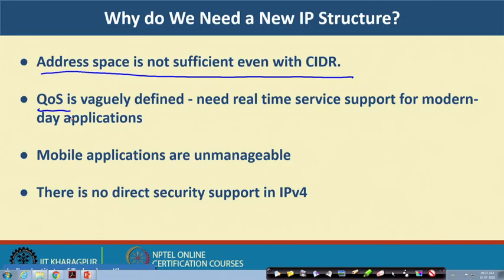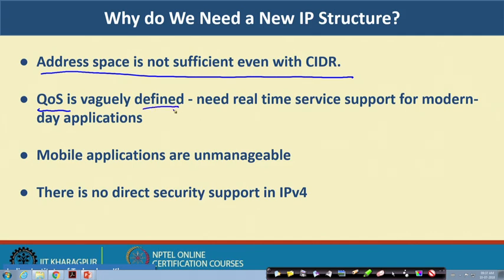All these multimedia applications require special services from the internet because you need to transfer the data in a delay-sensitive way. If your packet transfer takes too much time, that will not sustain in the network. In IPv4, quality of service was not the prime goal, and that is why it was vaguely defined in IPv4.